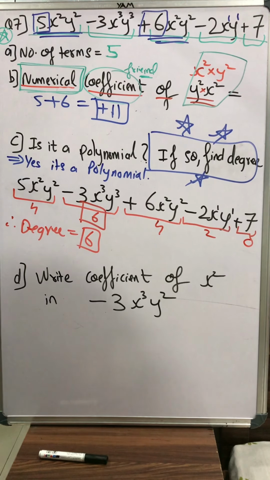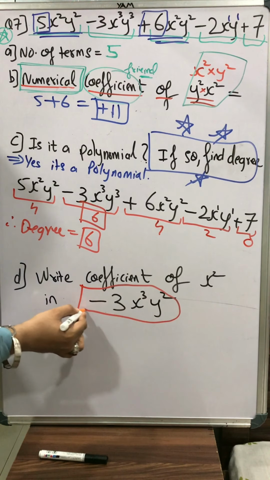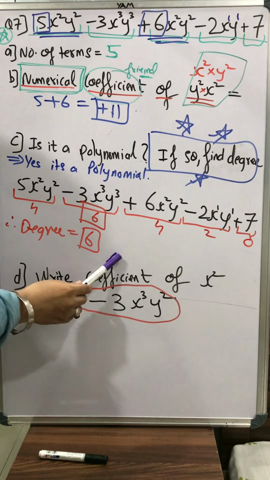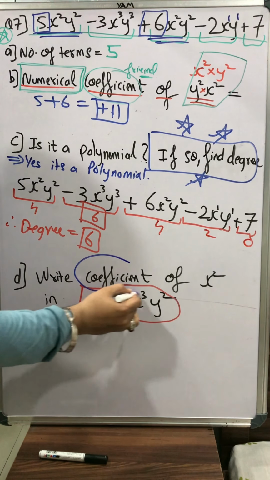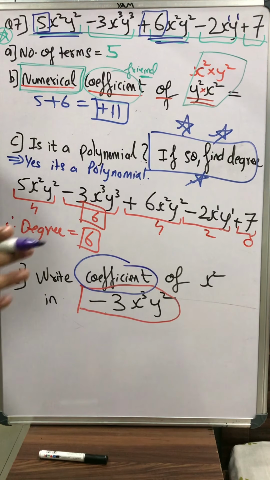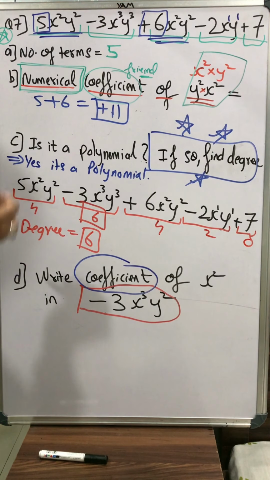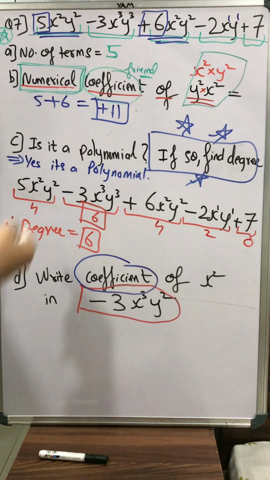And last one, sub question D. Please pay attention, it's very simple. Eyes on the board. Write the coefficient of x square. The word coefficient is mentioned. Students, pay attention. In sub question B, the word numerical coefficient was mentioned. If the word numerical comes, then we just see the number. But here the word numerical is not mentioned.